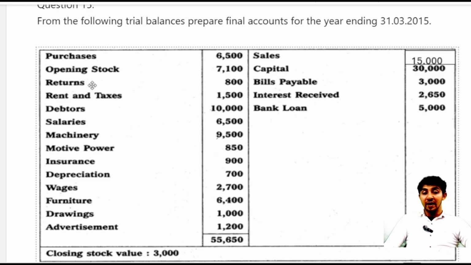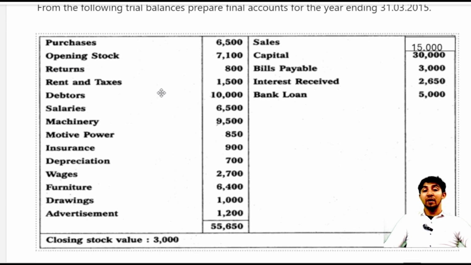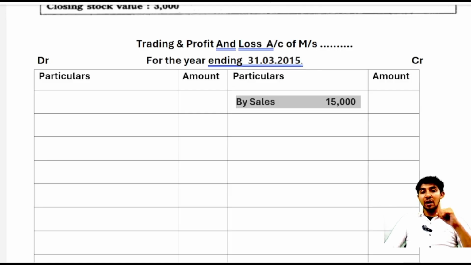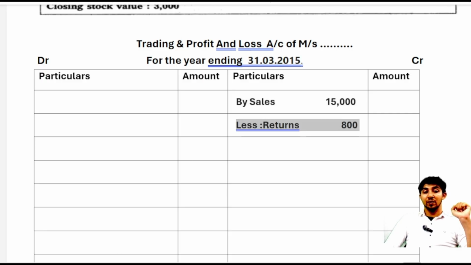I can see returns on the debit side. This return is nothing but sales return. Now we have to write the value of sales in the inner column on the credit side of trading account. That will be 15,000, and from this 15,000 we need to subtract the value of sales return, that is 800. So the value of net sales will be 14,200, right? Now we have completed the first credit item.